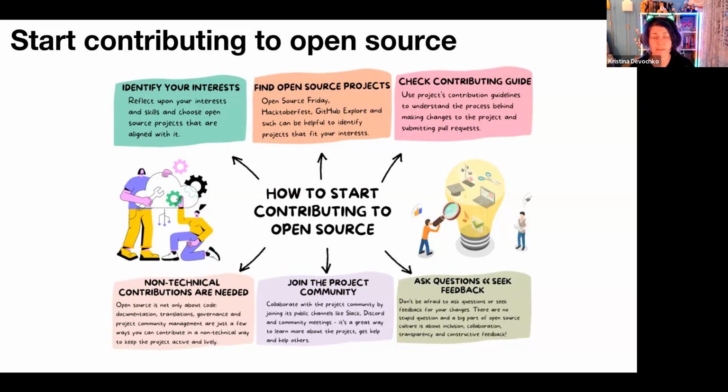There can be multiple non-technical ways to contribute available in many of these projects, and this often can also be part of the contributing guide.